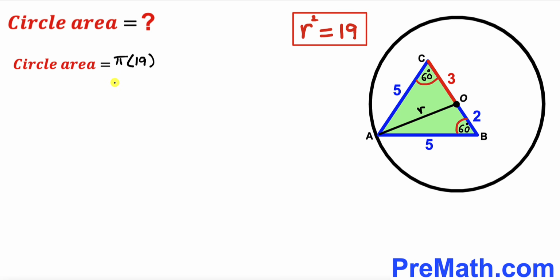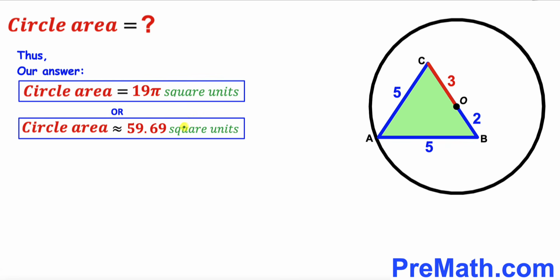So this circle area is equal to 19 times pi square units, approximately equal to 59.69 square units.